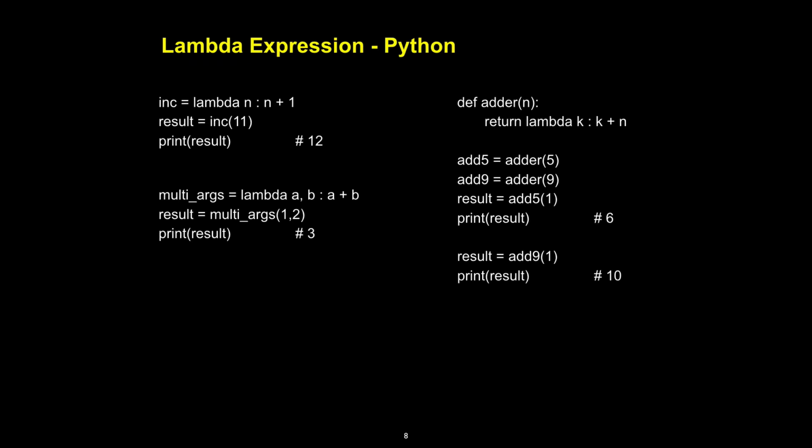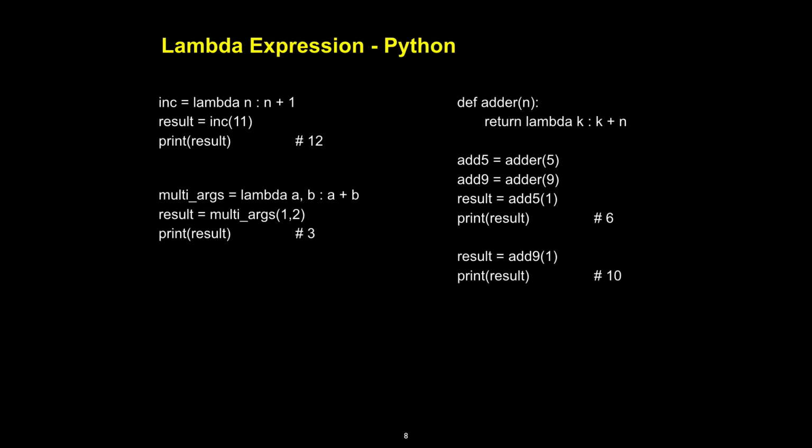So far, so good? Now when I call adder as a function and pass in 5, and I assign it, add 5 is a reference to a function. And then I can call adder 9, and it returns a reference to a function. So far, so good?